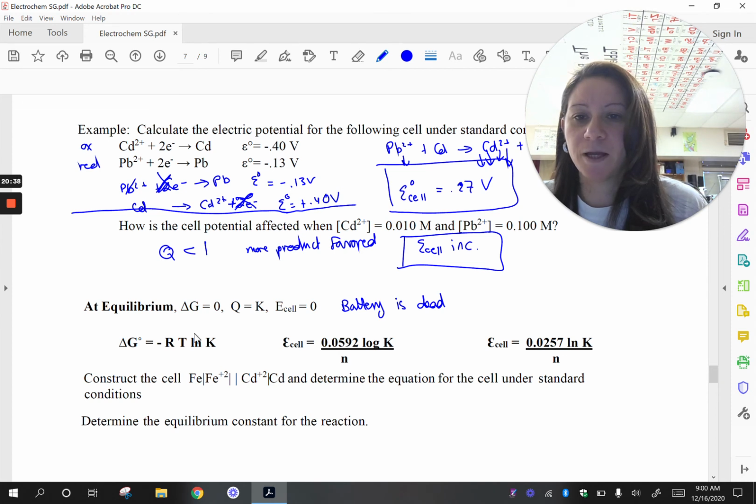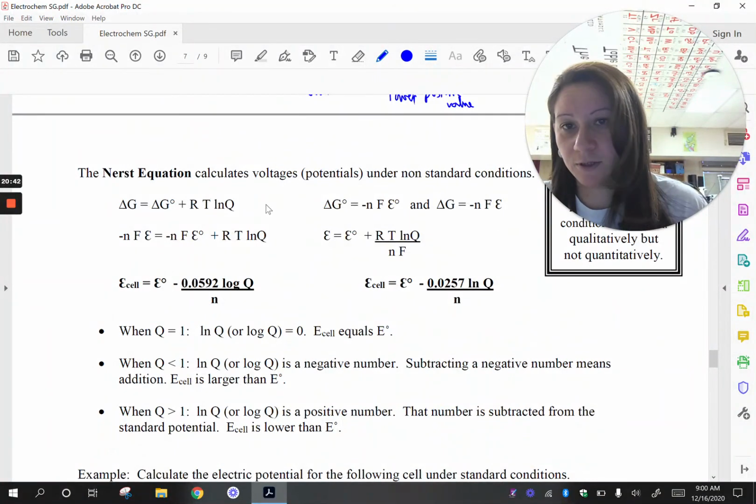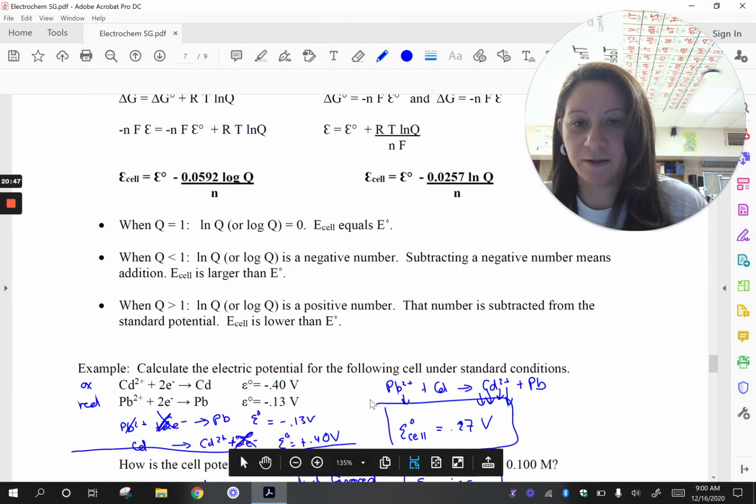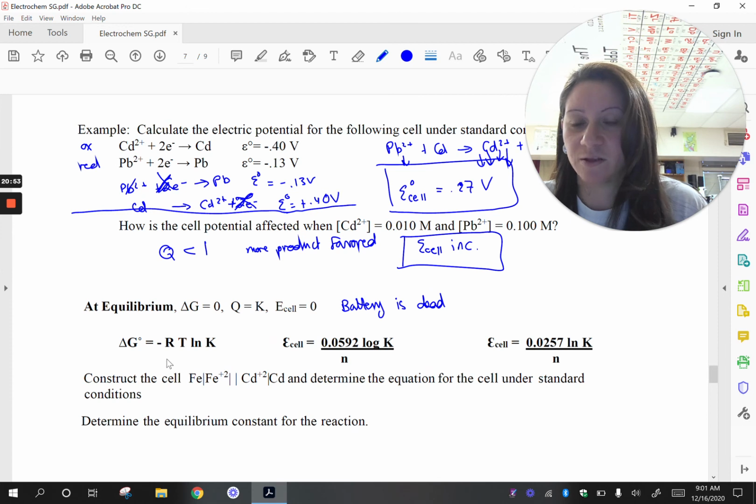Your cell voltage will be 0 volts. And so if we plug K in for Q here and we plug 0 in here, as we did last chapter, we would get that delta G naught is equal to negative RT ln K. We've used this in the previous chapter.